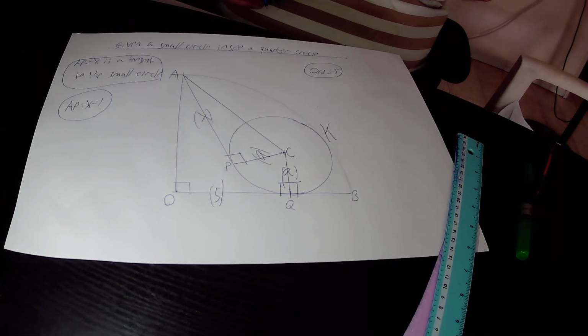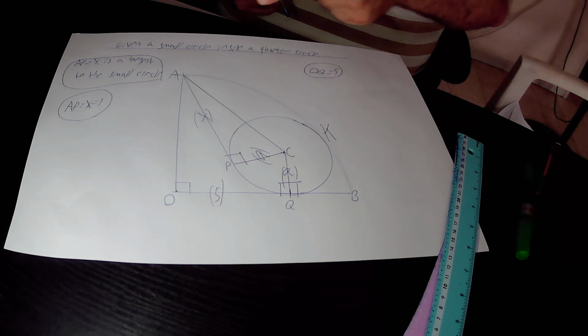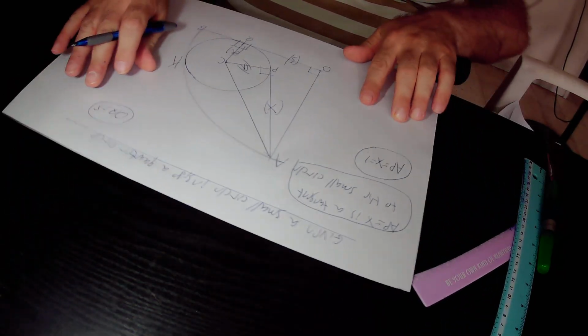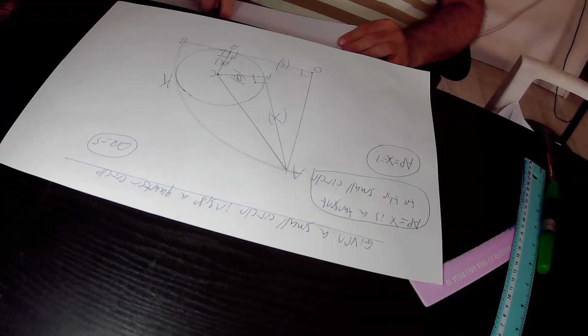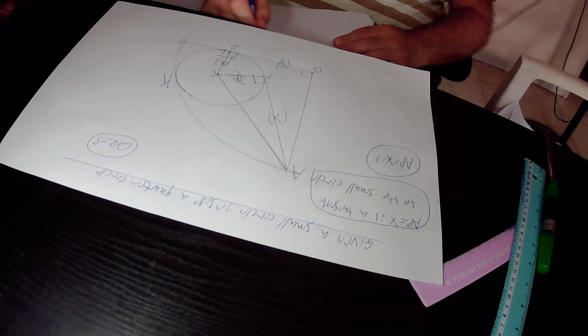So in the next step, I'll copy the right triangle APC in a new page and we will implement the Pythagoras theorem on this right triangle, triangle APC. Here PT is an abbreviation for Pythagoras theorem.